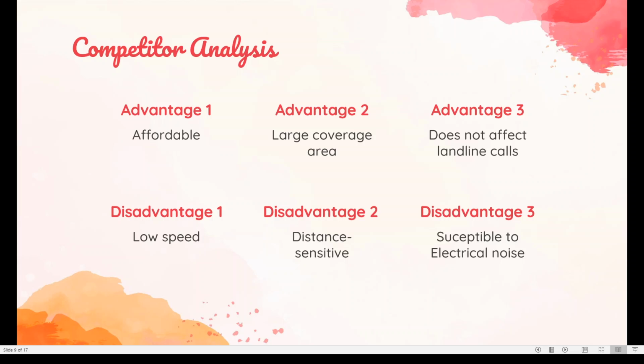And then for disadvantage number two, it's distance sensitive, which has been shown to be a problem, as some DSL families tend to not overcome line impediments, unlike the RADSL. And finally, it is susceptible to electrical noise.